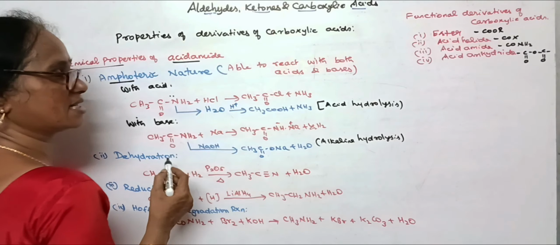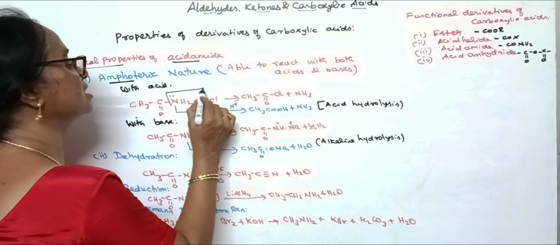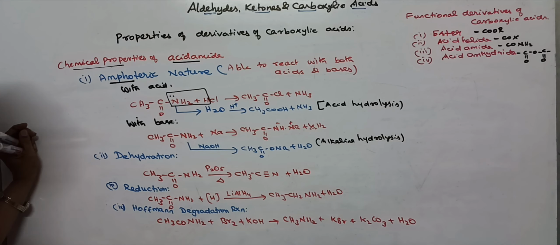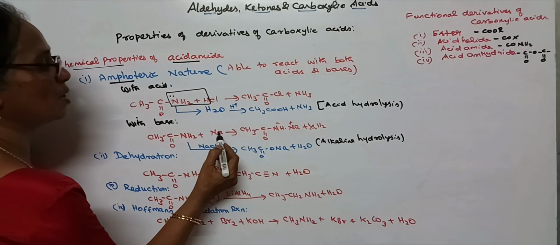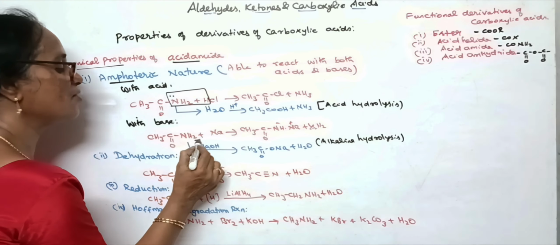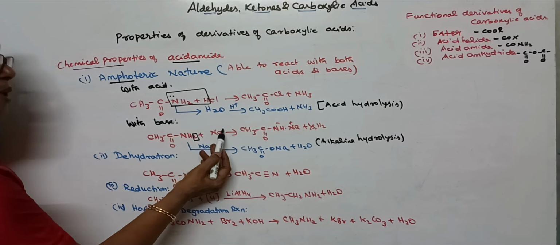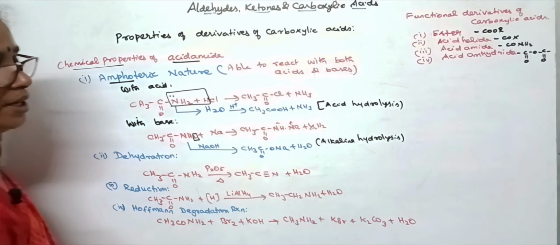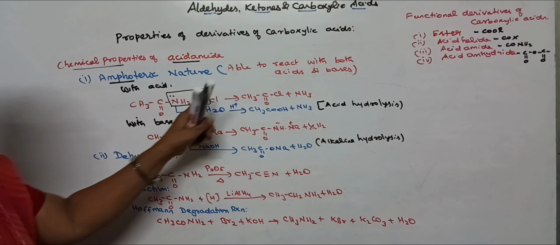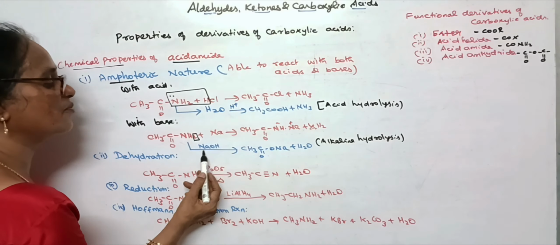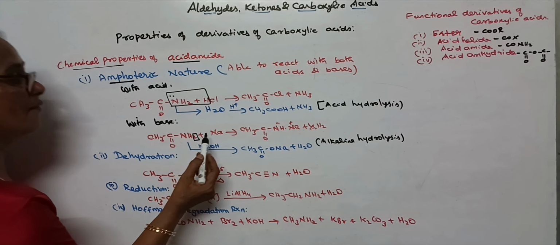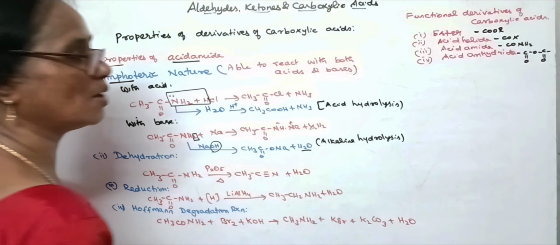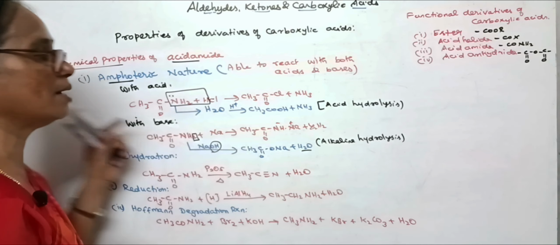When it reacts with the acid, you may find the formation of NH3 and CH3COCl, acid chloride. Or with a strong electropositive metal like sodium, one of the hydrogens is substituted by the metal, so there is a release of hydrogen with sodium acetamide. This is the reaction with the acid. Even in place of sodium, we can take sodium hydroxide. With sodium hydroxide, one of the hydrogens combines with the OH, forming water along with the same sodium acetamide.